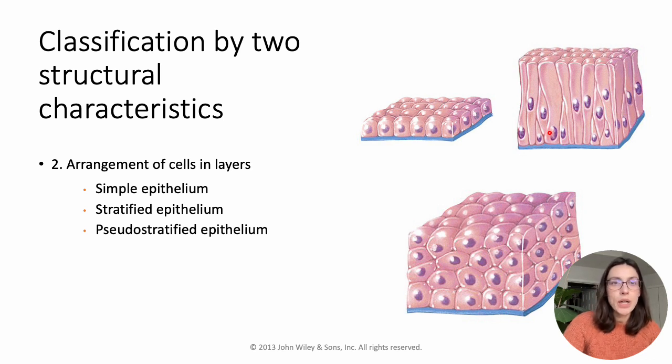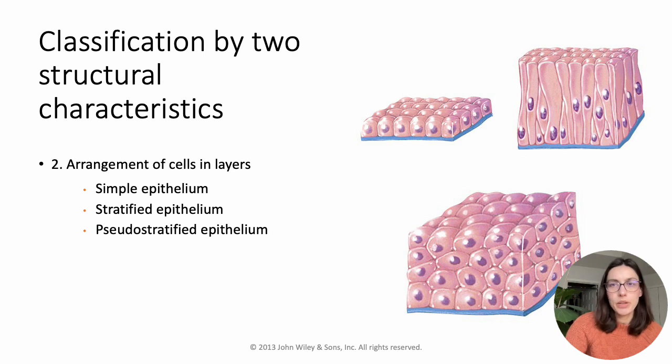So in pseudo-stratified epithelium, you only have one layer of cells, but some of them are spanning from the basement membrane all the way to the apical side, whereas other cells are much shorter, so they're only attached at the basal membrane but do not reach the apical side, right? So they're all attached at the basal membrane, but only some of them reach the apical side where the space is, and the nuclei are all in different places.